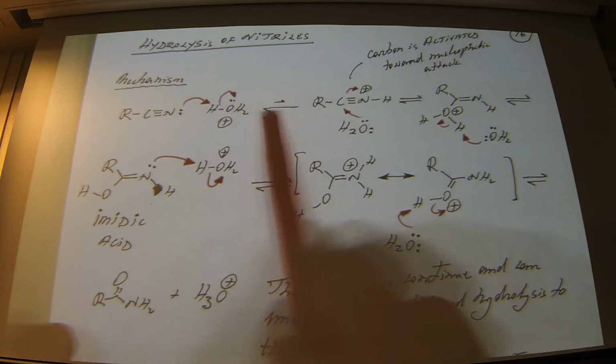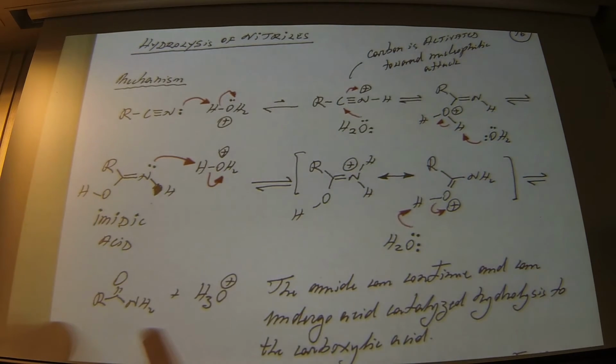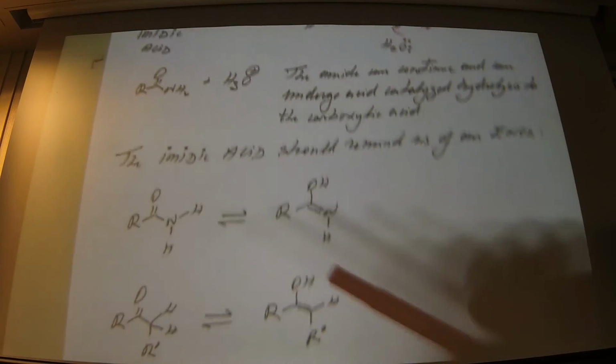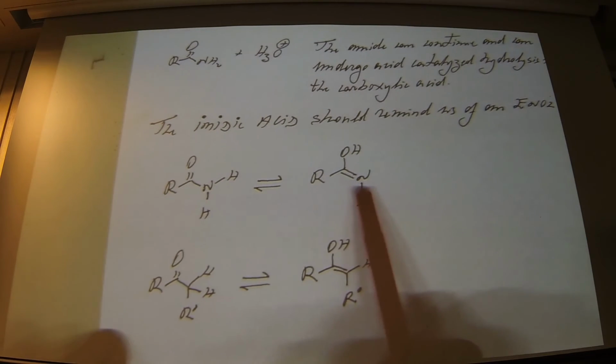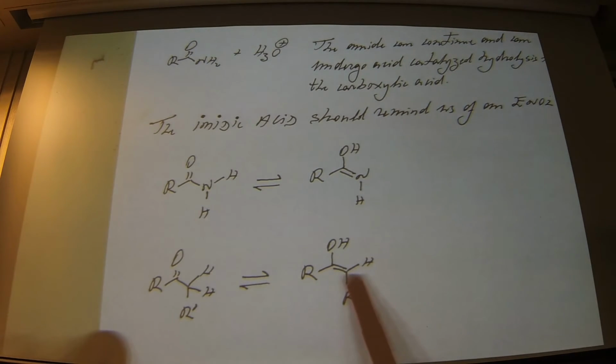So protonation, nucleophilic addition, proton transfers, all the same. Make sure you can do that, okay? It's not that hard. Imidic acids, I said, this is the only thing that's new. An imidic acid looks pretty much like something we've seen before, doesn't it? It looks like an enol. Looks just like an enol, doesn't it? I mean, if I had carbon there, it would be an enol.